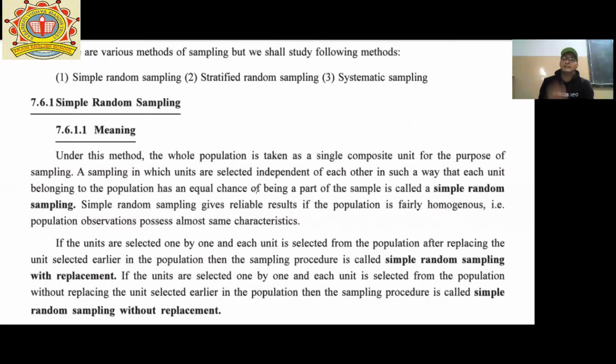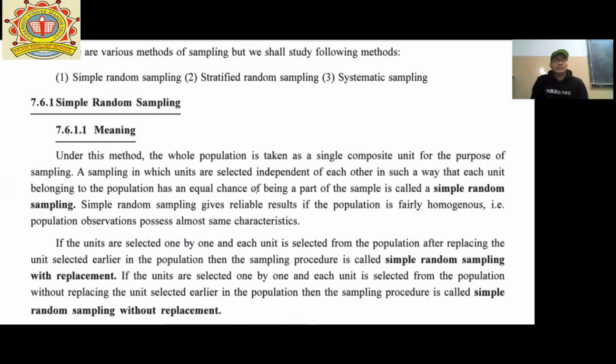As I have earlier discussed in one example, there are 10 chits available in a box, and if I randomly select any one chit, then equal importance is given to all the chits, so any one chit can be selected from this. So it is called simple random sampling.